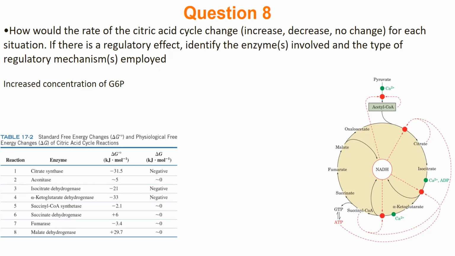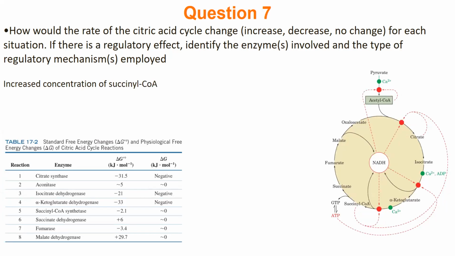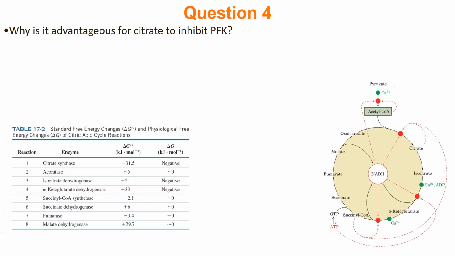Now, thinking about how different metabolites can affect flux of our processes, I do have one question here that ties both glycolysis and the citric acid cycle together. So jumping back to question 4 here: why would it be advantageous for citrate to go and inhibit PFK?